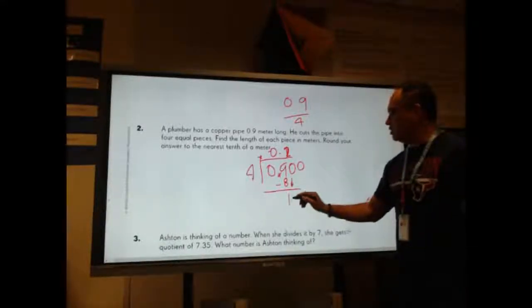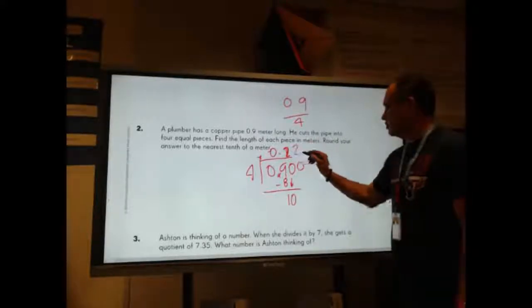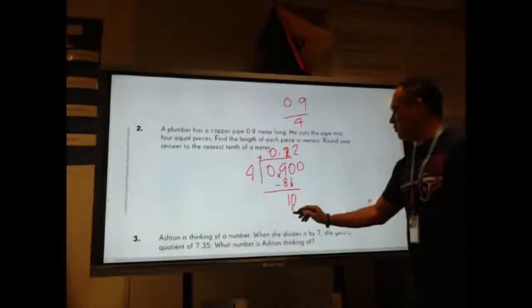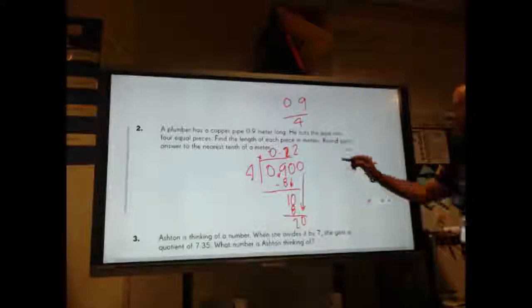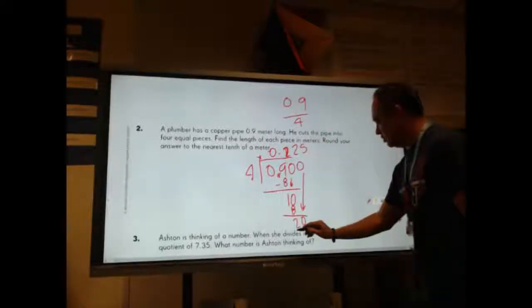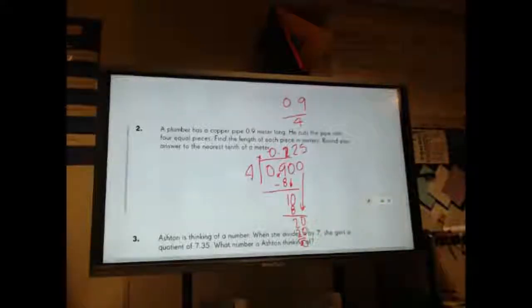Bring down another 0. Let's try a 2 again. 4 times 2 is 8. And it looks to me that 4 times 5 is 20. All right, so let's see what happened.